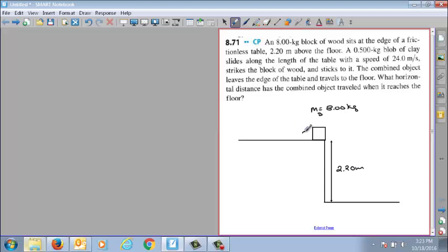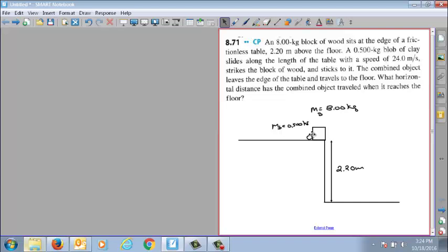And it says a 0.5 kilogram blob of clay hits the block. So the mass of the blob, small b, is 0.500 kilograms. What will happen is this thing hits the block, it'll become one unit, and so we have an inelastic collision.